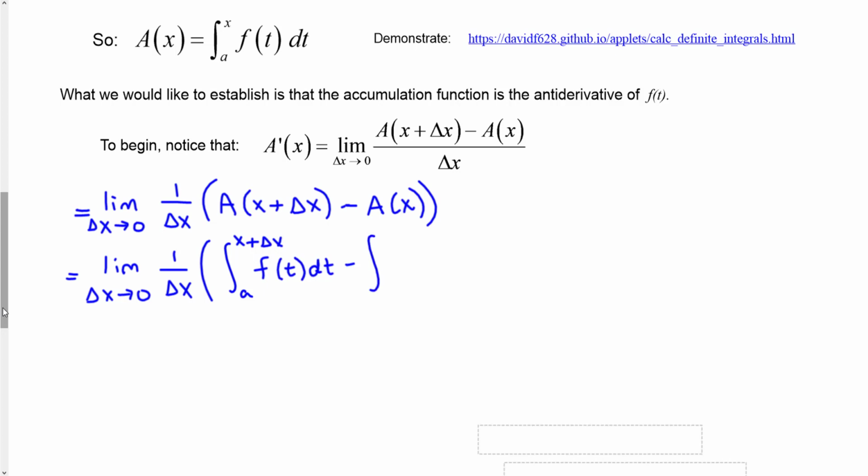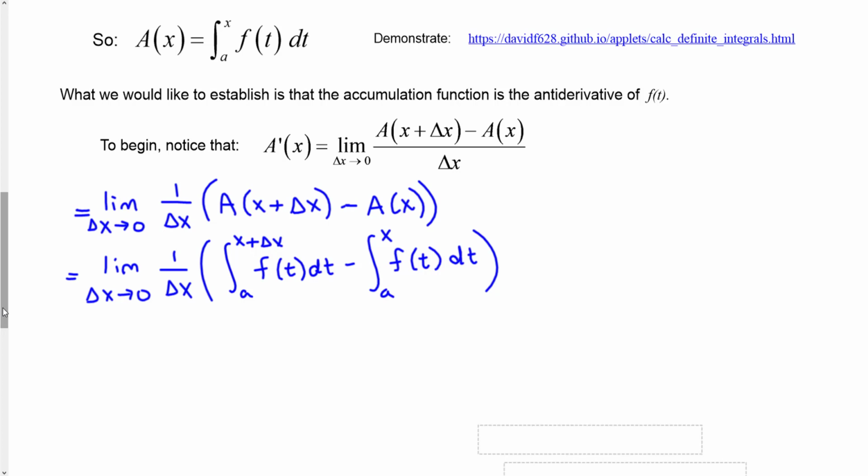Well, I've got a definition precisely of that as the definite integral from a to x of f of t dt. So now I've got a little bit more work completed here.